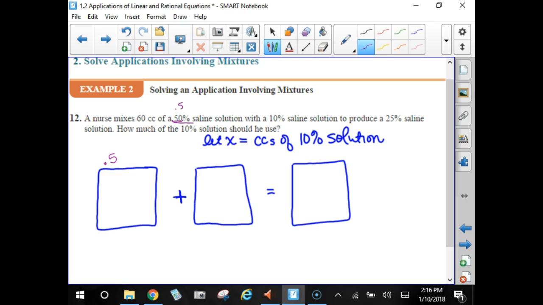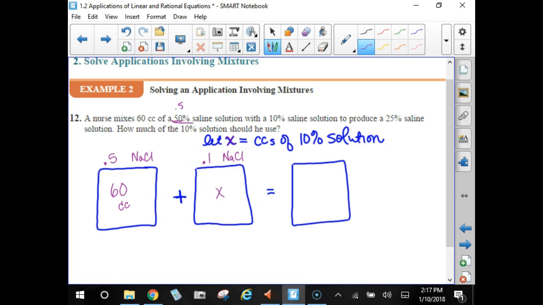And the amount is 60 cc's. The nurse is going to add to that a 10% saline solution, 0.1 saline, and we don't know how much amount that is. That is what we let X be up here. So we're going to put that amount inside.